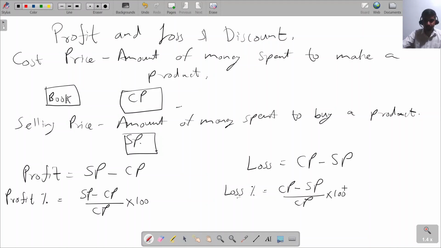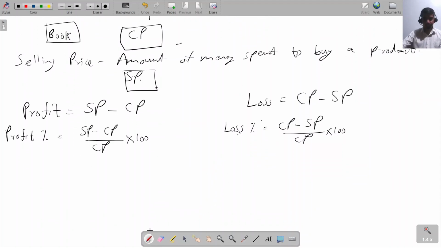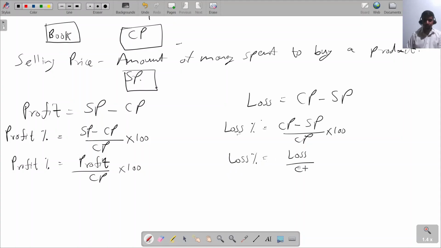Now look at this. SP minus CP is what? Profit. So profit percent is profit upon CP into 100. And loss percent is loss upon CP into 100.